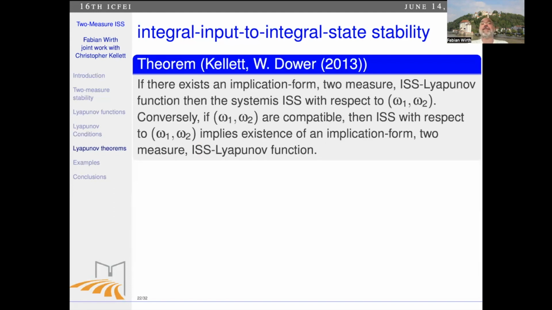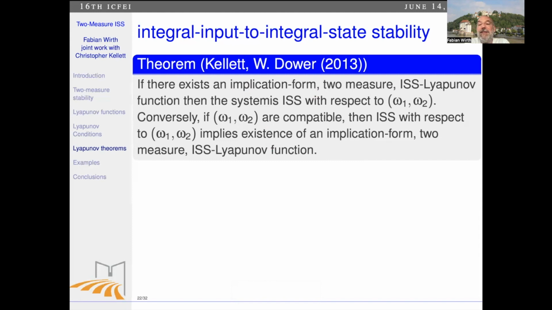And okay, so first theorem is for ISS. Yeah, so if we have an implication form, so that was our first definition, to measure ISS Lyapunov function, then the system is ISS with respect to these two measurement functions. And of course, we are always interested in converse theorems as well.